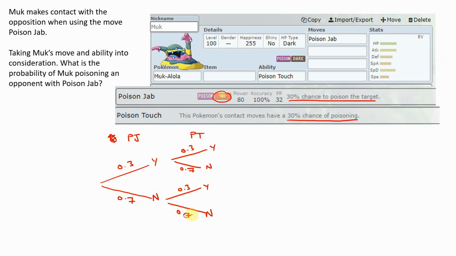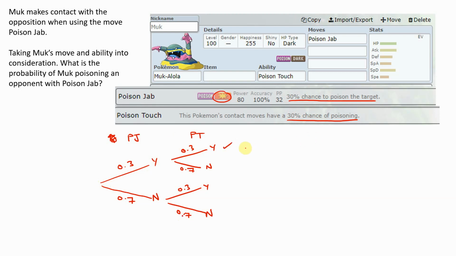Off the top of your head, and if you didn't know about tree diagrams and everything, you might just think 60%, or you might just think 30%, that they kind of just cancel each other out and don't combine. Or you might think 60% because they add together. But that is not the case. So we can either poison them with Poison Jab and poison them with Poison Touch.